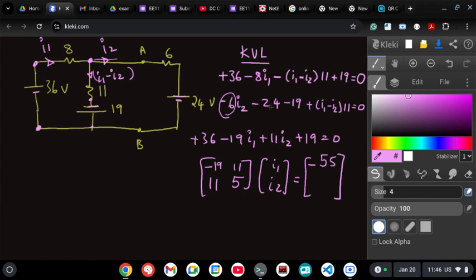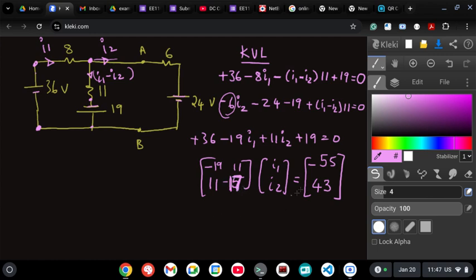So 24 and 19, that is 43, goes towards the right side to become plus 43. Correct, minus 11 I2. So this 5 should not be there. In the place of 5, what should be there? 6 and 11 is 17, right? So minus 17 I2.